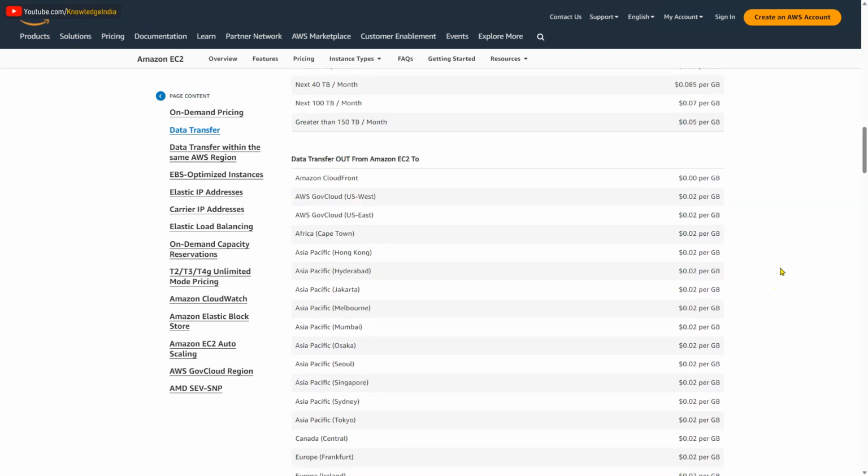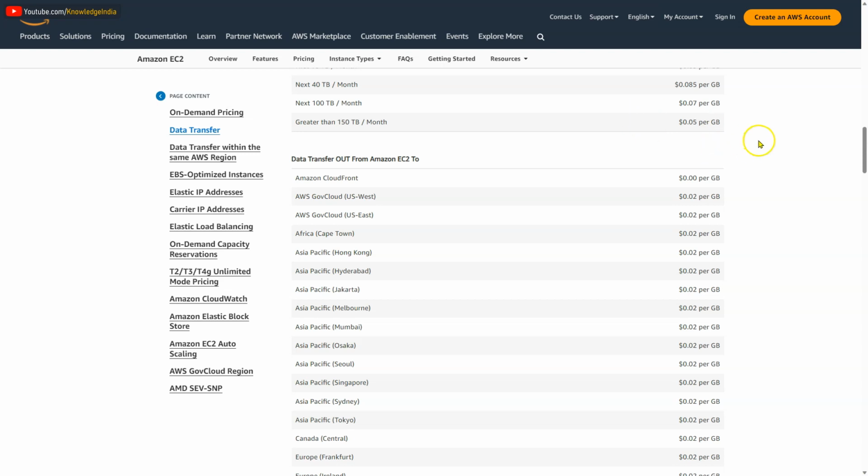Let's try and understand what happens when traffic goes from an EC2 to certain other services. So let's extend the example which we were discussing. You have a website which you have hosted on an EC2 instance, a server side website, an ASP.NET website. So the traffic has to go out from your EC2 instance to the internet, of course.